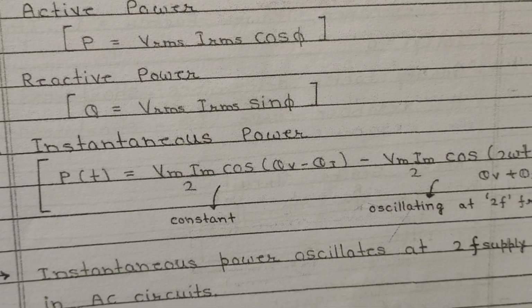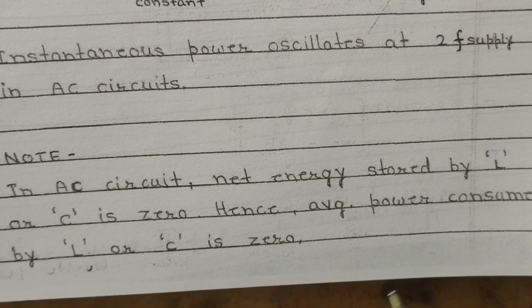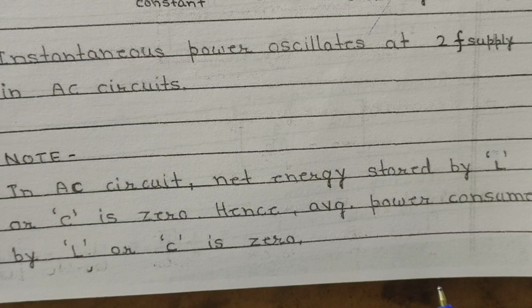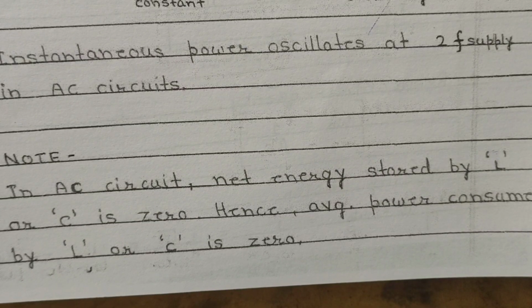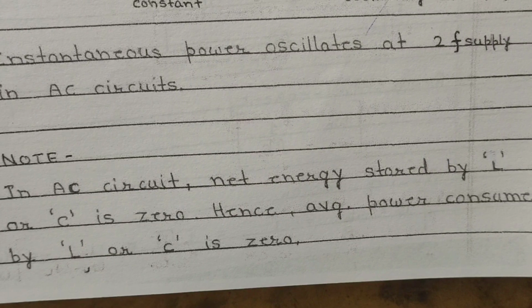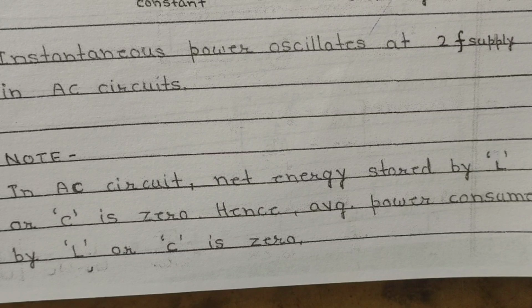This was asked in a competitive exam. Note that in an AC circuit, the net energy stored by the inductor and capacitor is 0. Hence, the average power consumed by the inductor or capacitor is 0. So the inductor does not consume any power, and the capacitor also does not consume any power.